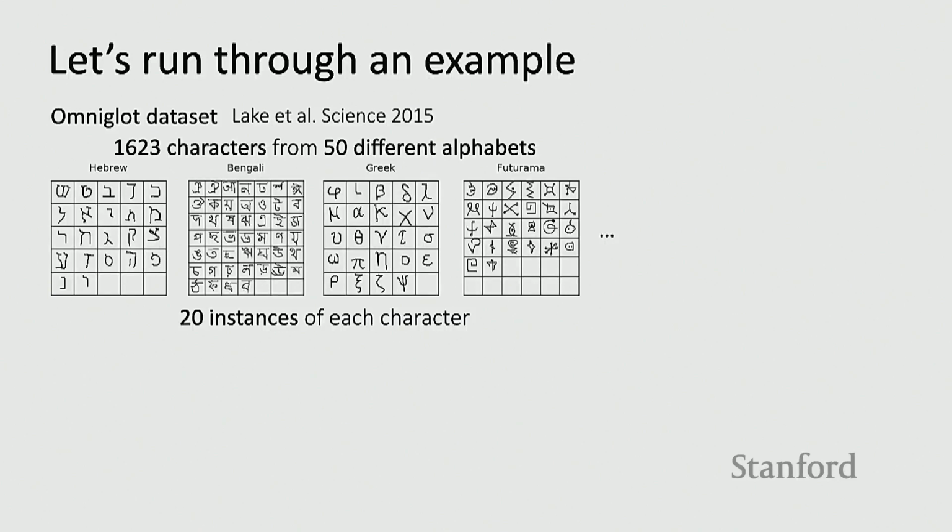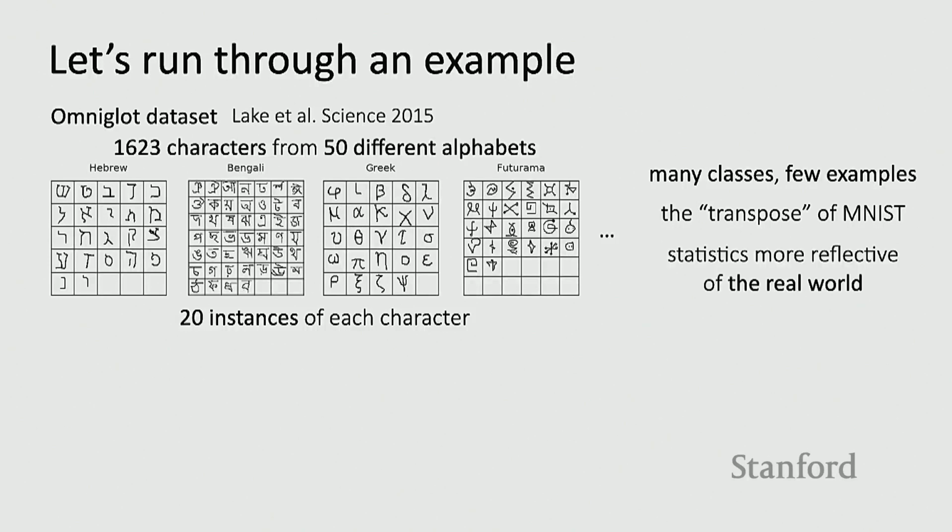And one of the things that's cool about this dataset is it has many different character classes and only a few examples per character class. In some ways, this is like the transpose of a lot of common datasets. For example, it's like the transpose of MNIST, because in MNIST, you have 10 classes and thousands of examples per class. And I also think that the statistics of a dataset like this are much more reflective of the real world, where you have very broad data and a very small number of examples per class.